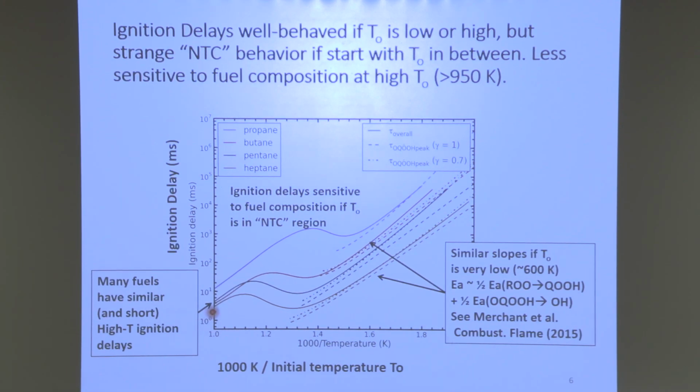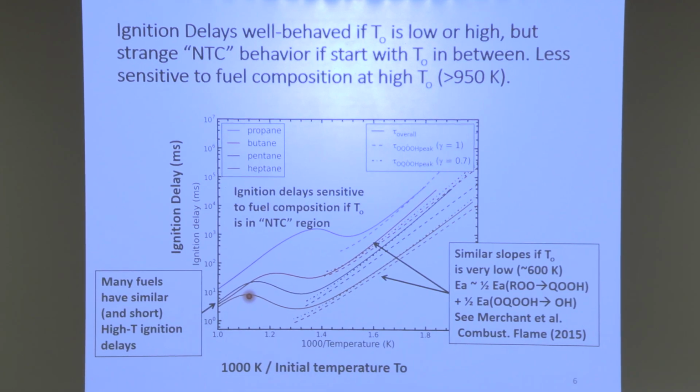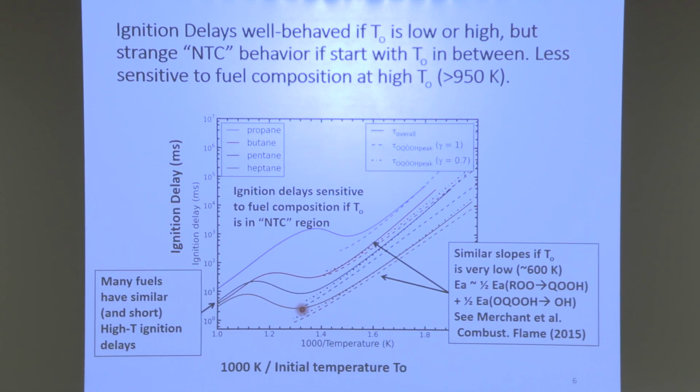But then as you lower the temperature, suddenly the ignition delays drop, and you get extra ignition, faster ignition than you might expect. But then as you keep lowering the temperature some more, they get long again, as you might expect. And this is a different Arrhenius slope than the one over here. So that's a phenomenon. And this bend in the curve when it goes down and up, this non-monotonic behavior with temperature, that's called the NTC region.